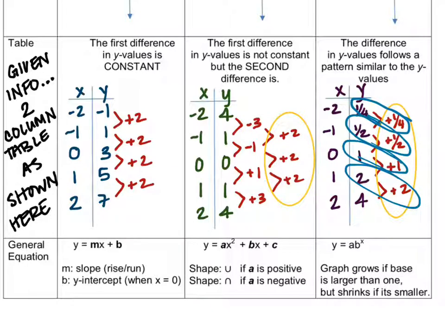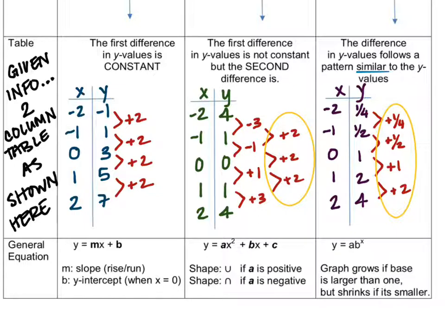So that's what we mean when it says the difference in y values follows the pattern similar to the y values themselves. Notice they use the word similar because it doesn't have to be the same. So similar is probably the key word in here.